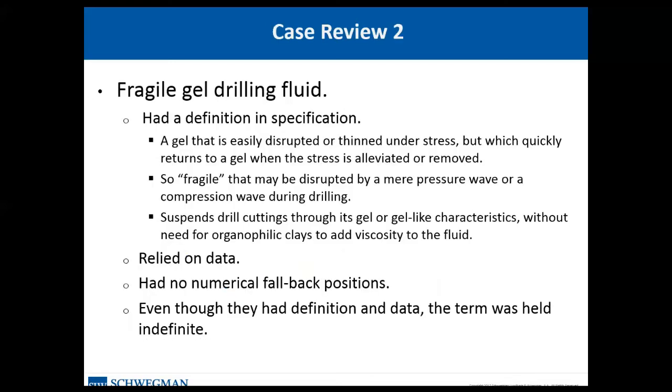Another case that we're going to review now is the Halliburton case that we talked about just a minute ago. The term there was fragile gel. And, you know, in Halliburton's defense, it wasn't because they didn't have any descriptions or definitions of the term fragile gel. In fact, they had given a ton of different definitions of the term.